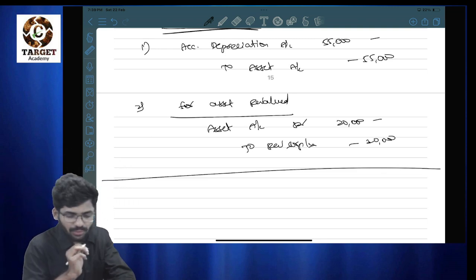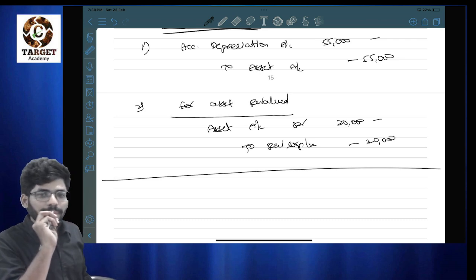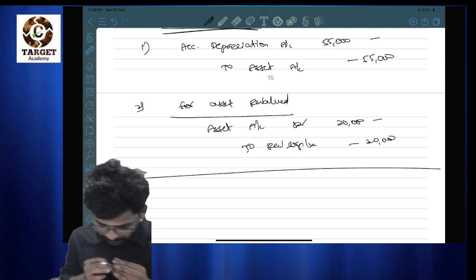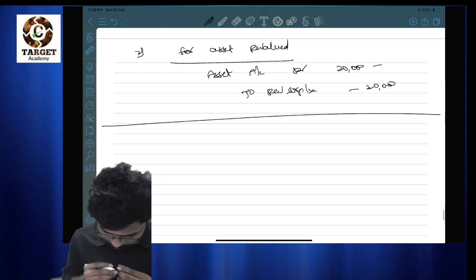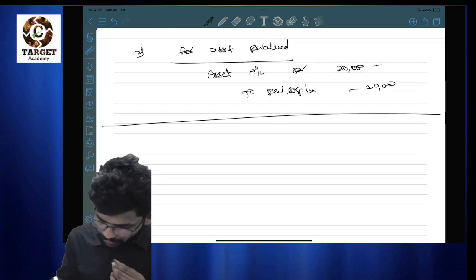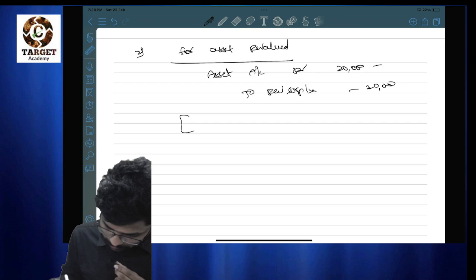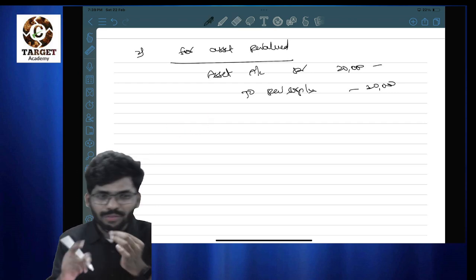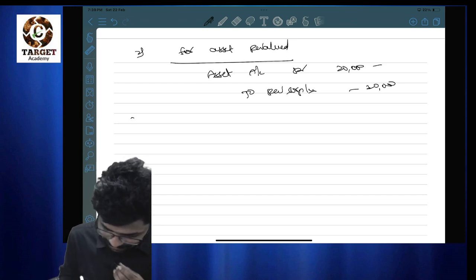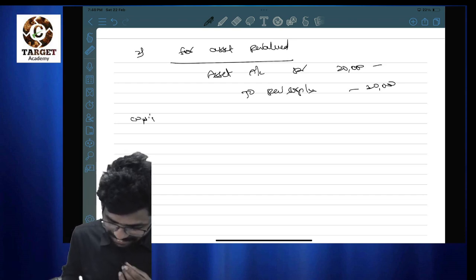But we need to write the restatement approach also. Please note down. See, what is the carrying amount here? Please note down the calculation. See, if you want to elaborate the answer, we can do it like this. Working note number 1.